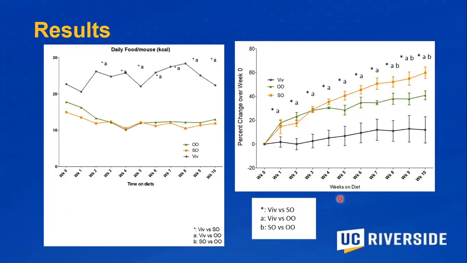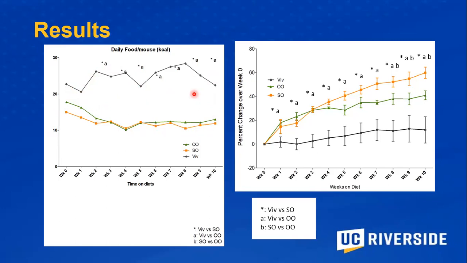All right, so these are the first phase of the results. On the left, this is the daily food per mouse. We measured the amount of food that the mice would eat, and you can see in this graph that vivarium mice ate significantly more, whereas olive oil and soybean oil mice ate less. This is because the vivarium diet is the control diet.